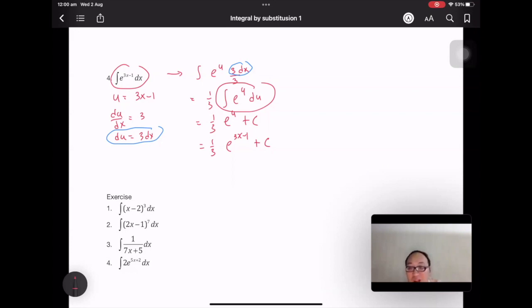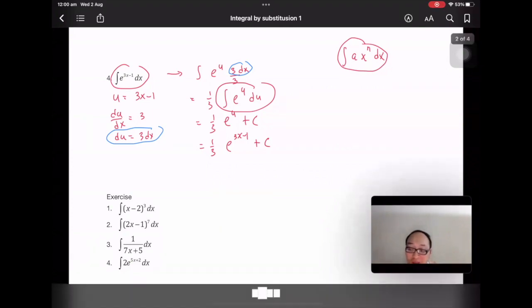So we have to know the specification of the function, especially for the power rule. Power rule means integral of ax to the power of n dx. If you remember, the rule of the power rule is this. So that means we have to simplify the complex expression into this form.